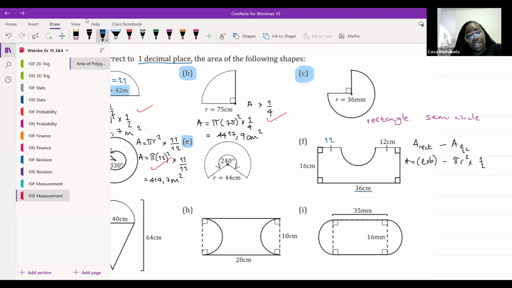So this is also 12 centimeters, right? So if the whole side is equal to 36 centimeters, and I've got 12 and 12 over here, that's 24. That means from this part of my circle to that part of my circle is also going to be 12 centimeters. But that length on a half circle is the diameter. And we know that the diameter is 2 times the radius. So my radius has to be half of that diameter, which is, okay, let me know if that makes sense, Funzo.